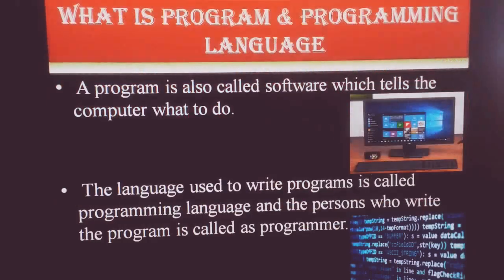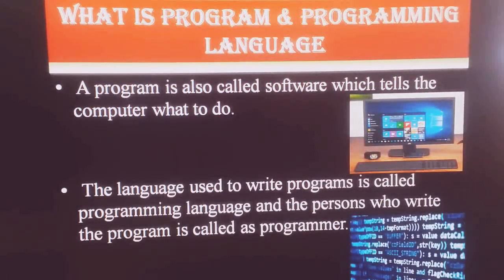Okay, so first of all we have to know what is program. A program is also called software, which tells the computer what to do, meaning the specific commands and instructions given to the computer to do a particular task.